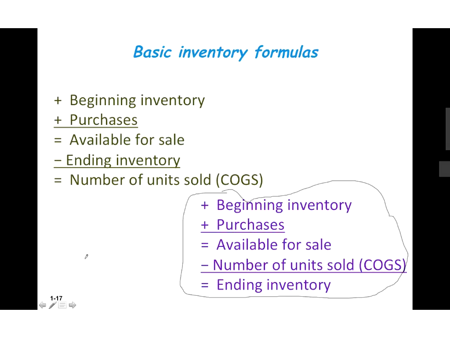So that's how you'll be answering this question. Right now, 99% right, so it's wonderful. Okay, so you're taking your beginning inventory plus your purchases minus the number of units sold.